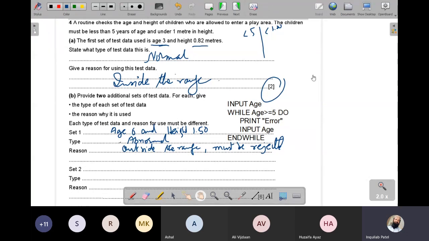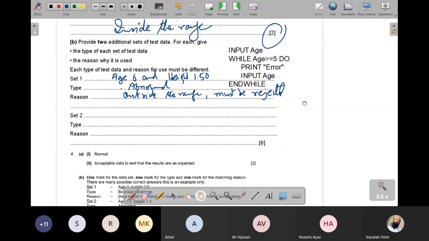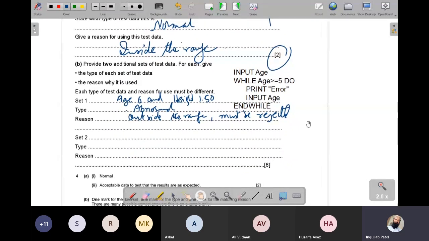0.9. Now, Musab, tell me the data. Set 2. Age. Good. The net had gone bad, what happened? Age. Test data. Age. Which ones were they? Boundary data.